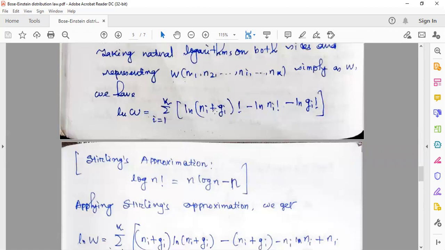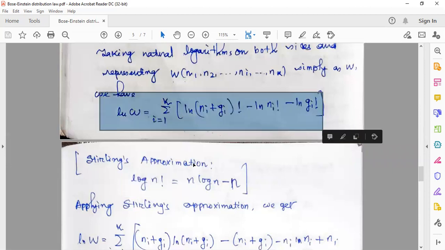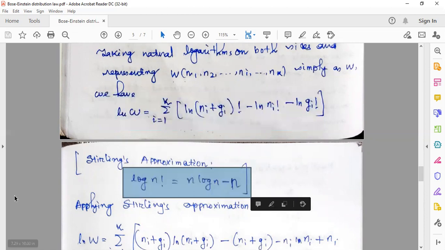It is something like this: logarithm of n factorial is equal to n log n minus n. I repeat, logarithm of n factorial is equal to n log n minus n. That means in this particular equation, you can give it some number, because you have to use Stirling's approximation in that equation.